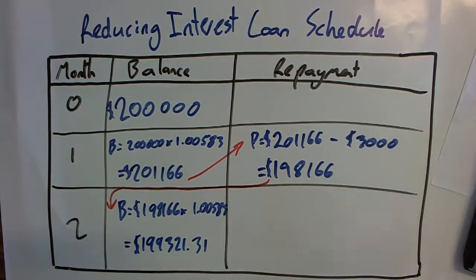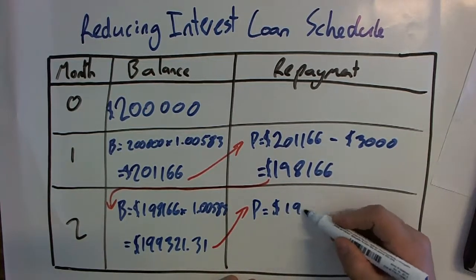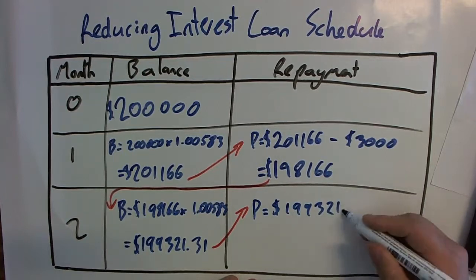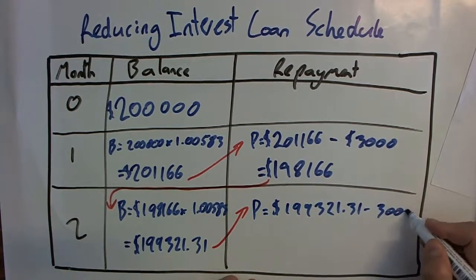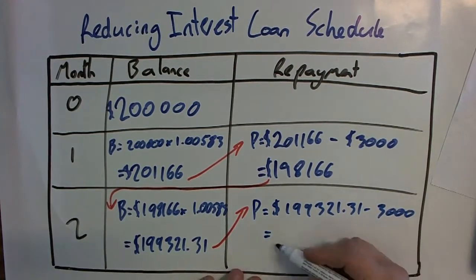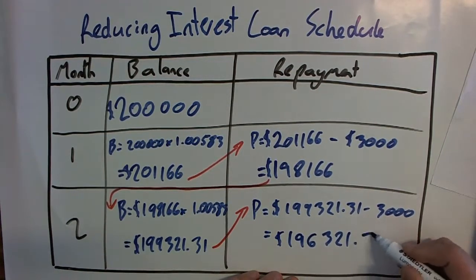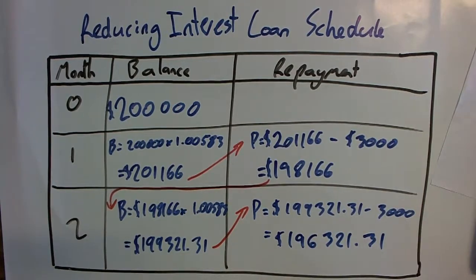Then take off my repayment: take away 3,000 is 196,321.31. And then the cycle repeats down to the third month. You just move it down into the third month. That's how you do a loan schedule.